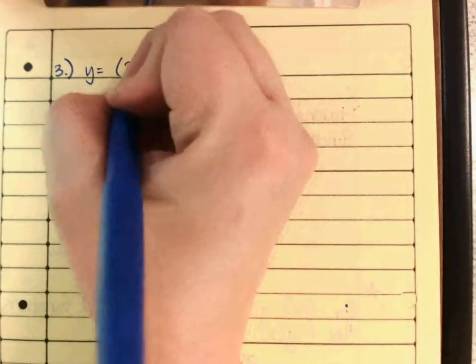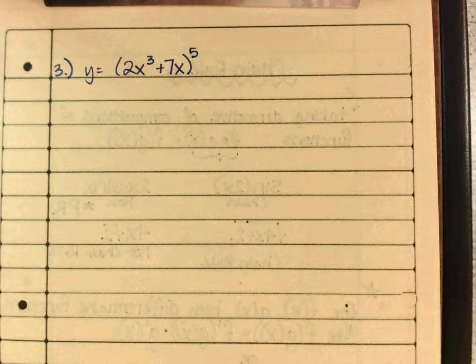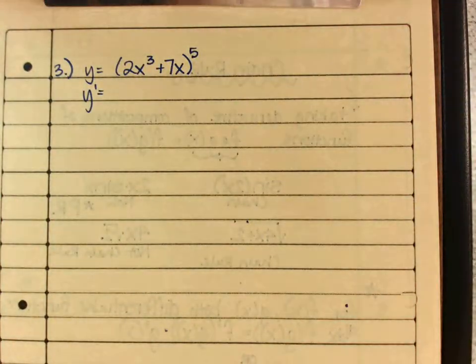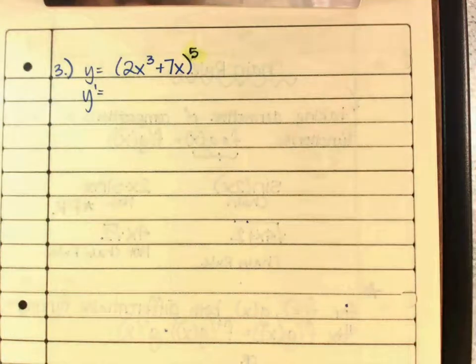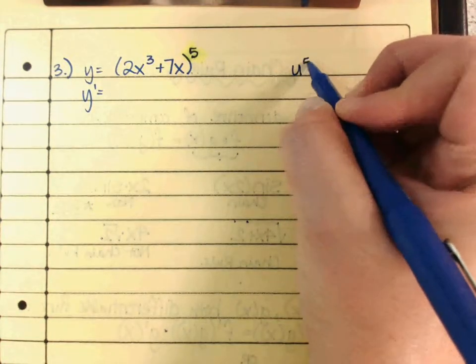y equals 2x cubed plus 7x to the 5th power. I'd like for you to find y prime. So, think about my outside layer, if you will, is the 5th power part. So, how do I take the derivative of u to the 5th?